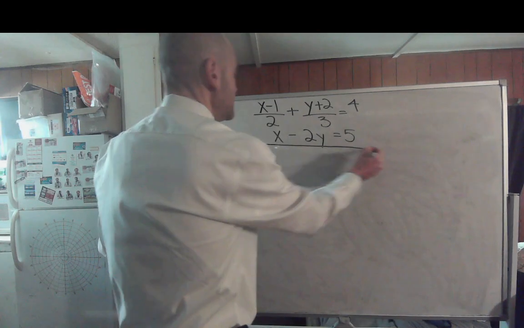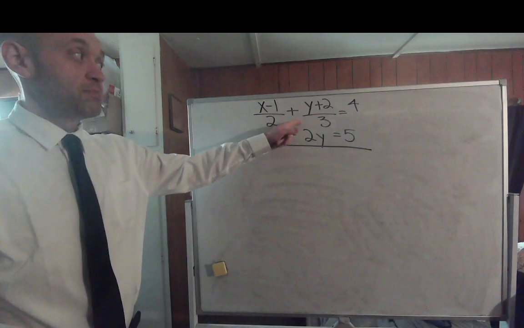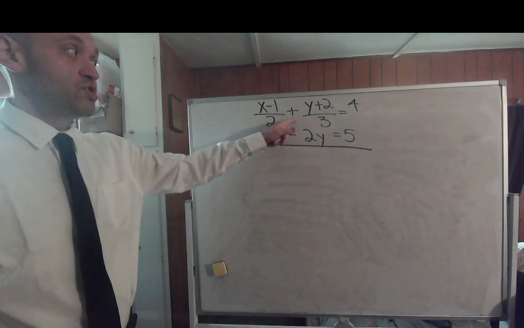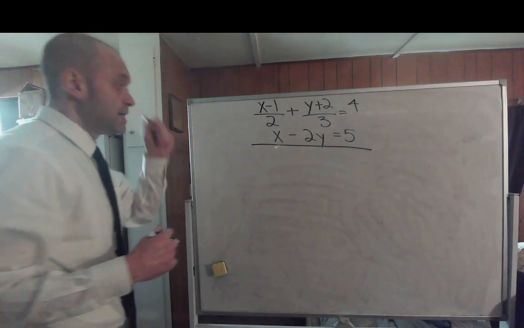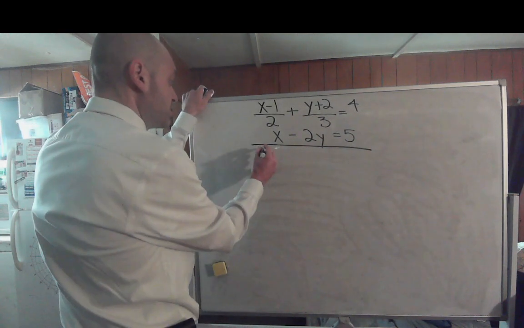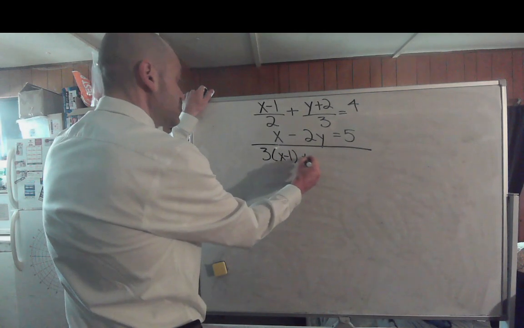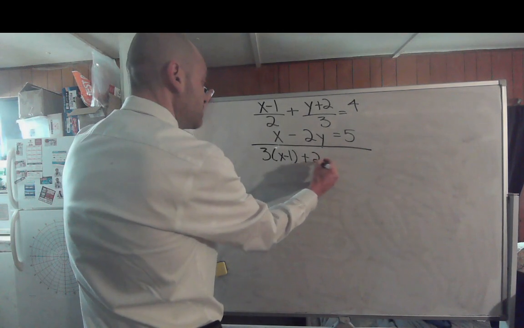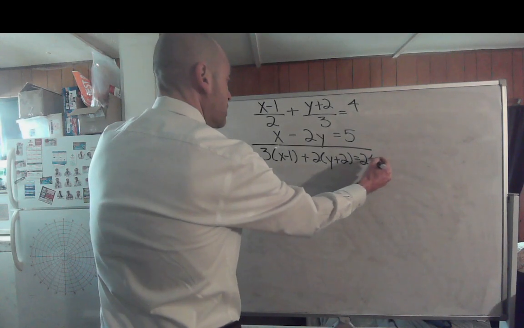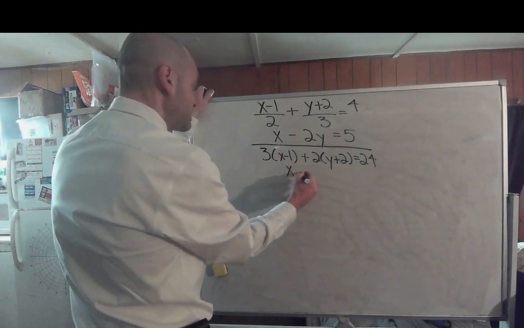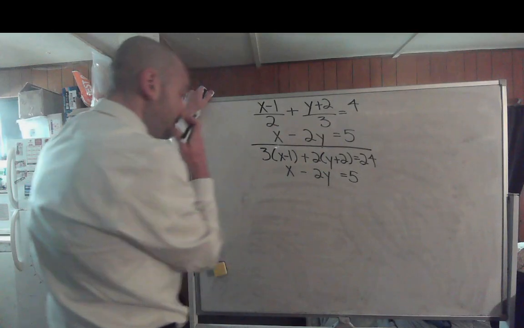Well, you have denominators of 2 and 3, so the least common denominator is actually going to be 6 in your first equation. So multiply your entire first equation by 6. If you do that on the first term, you'll end up with 3 times x minus 1, plus on your second term, you would end up with 2 times y plus 2 equals 24, and then simply x minus 2y equals 5.